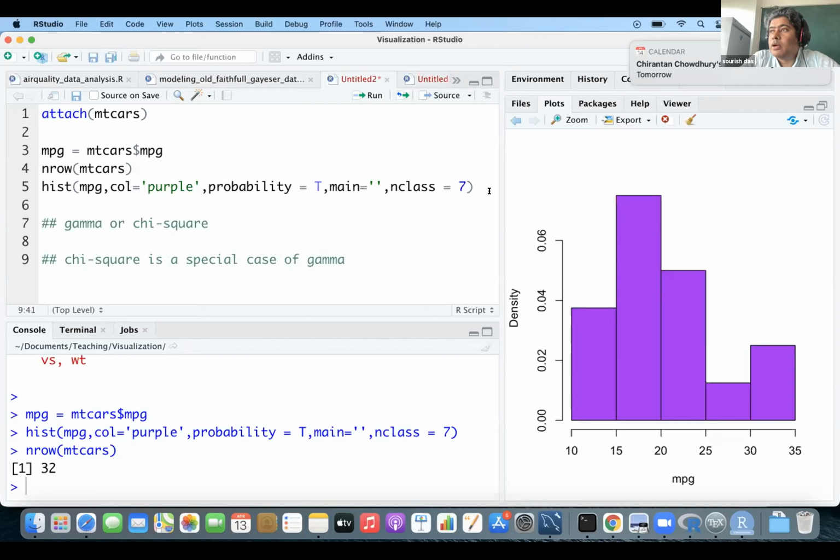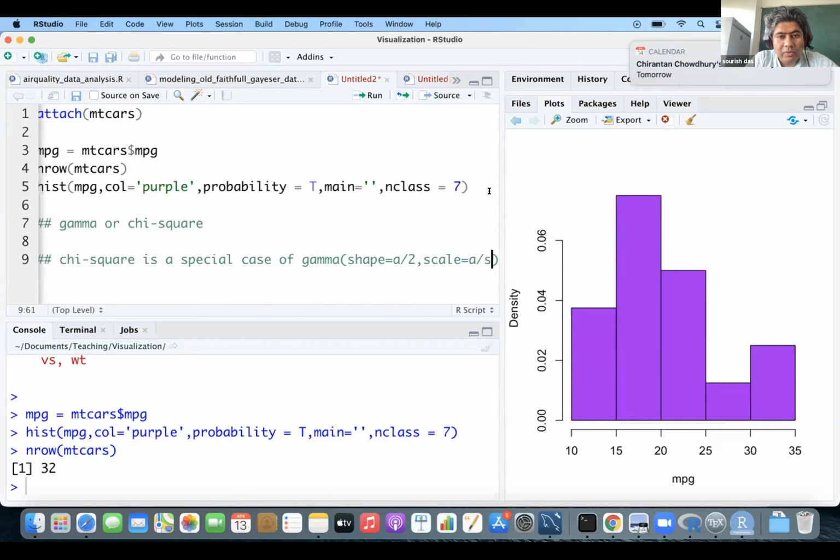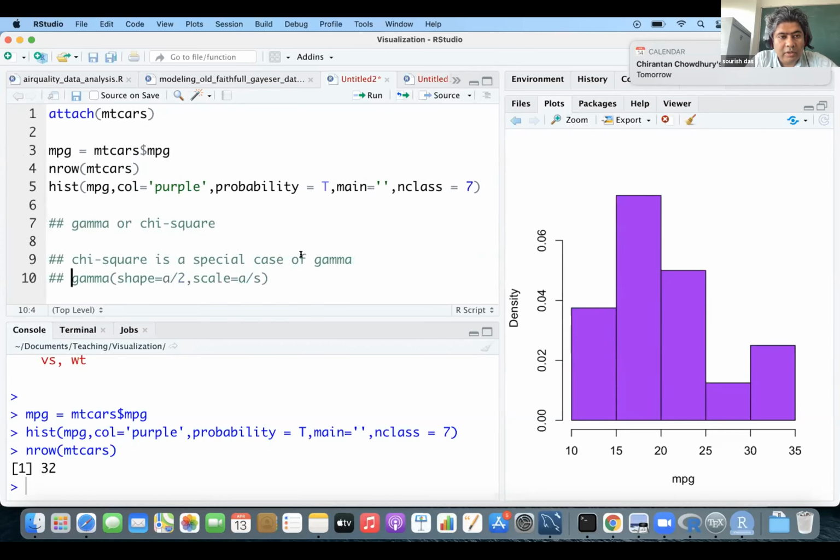If you take gamma with shape equal to a by 2 and scale equal to 2, that will be your chi-square distribution with degrees of freedom equal to a.